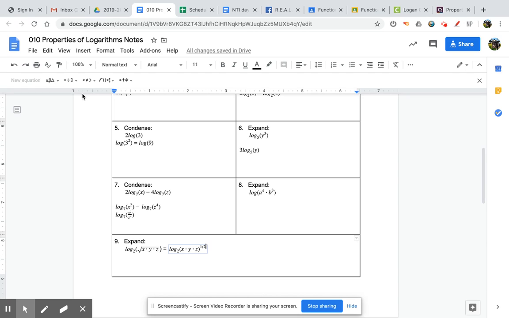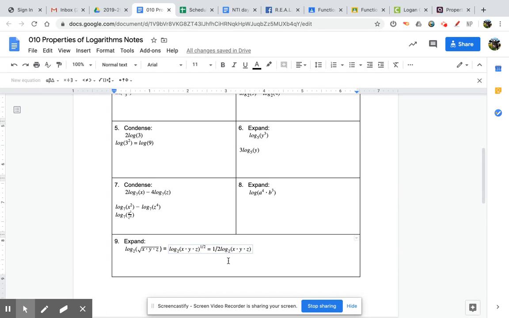My power rule tells me that having an exponent is the same thing as distributing it to the whole expression. So my very next step is to take that 1/2 and just drop it down in front of the whole expression, and everything else stays the same. Okay, just like that. And now I'm almost done.